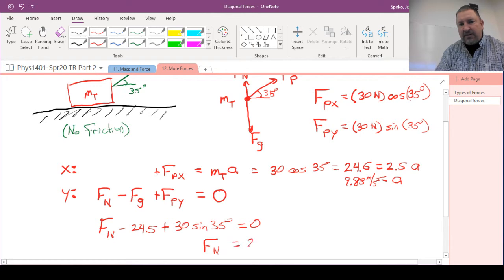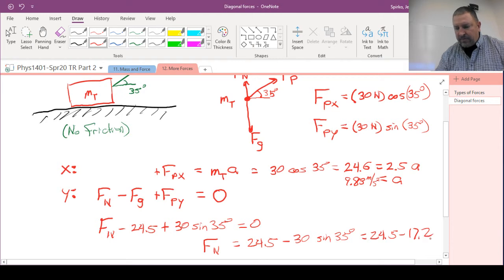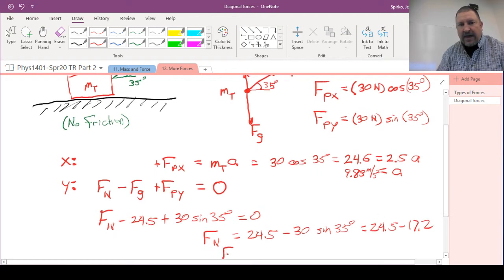Fn equals 24.5 minus 30 sine 35 degrees, which is 24.5 minus 30 times sine 35, 17.2. So Fn turns out to be 7.3 newtons.